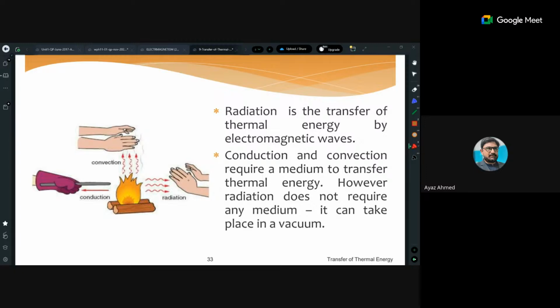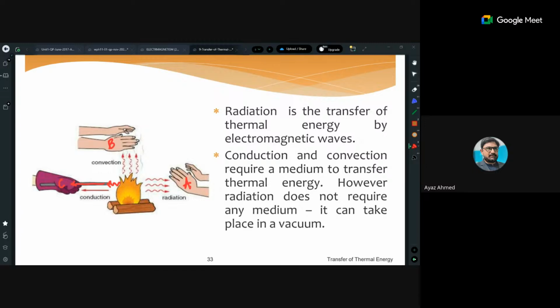Student A does not have any physical contact, but heat is reaching him. Student B does not have any physical contact. Student C does not either, but student C has a solid in hand. So heat reaches this by radiation, and by this radiation, heat conducts into that solid and reaches the hands.